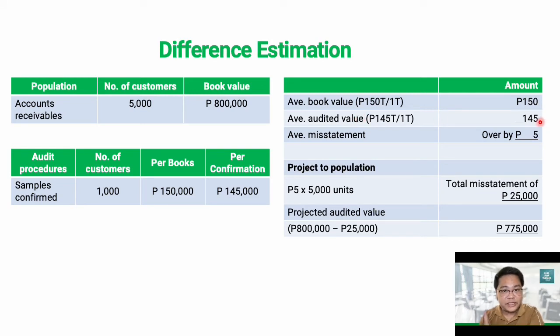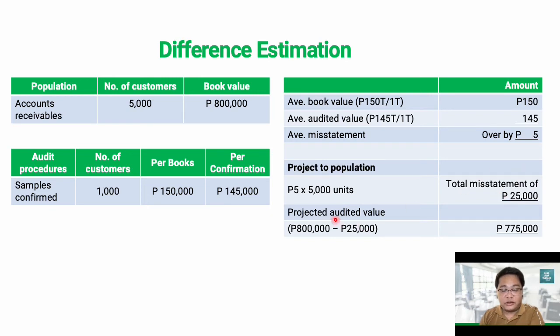So the average misstatement is 150 minus 145, which is 5 pesos overstatement per customer. So to project that to the population, 5 multiplied by the total number of customers, 5,000 units, the total misstatement would be 25,000 pesos.